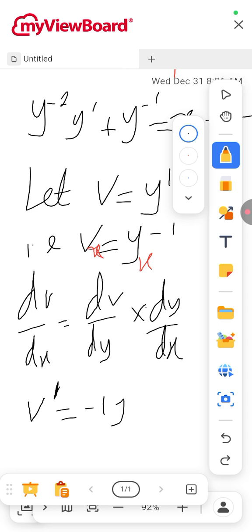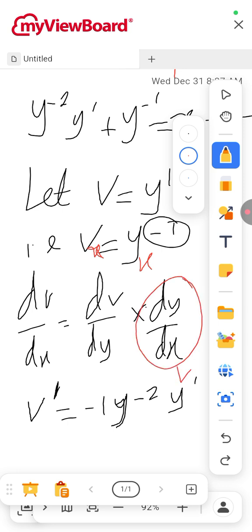Then y raised power, take away 1 from that power, which is minus 1 here, that will be minus 2. So that's my dv dy. So my dv dy is minus y raised to power minus 2, then multiplied by dy dx, that's y prime. This is dy dx here, so I change it to y prime here. So this is my dv dx.